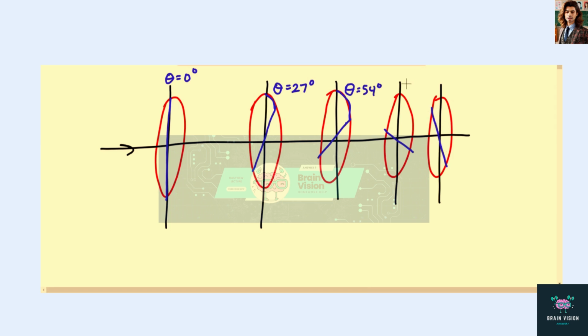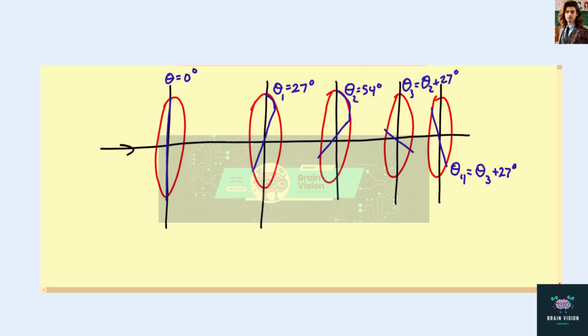Theta 3 is theta 2 plus 27 degrees, theta 4 is equal to theta 3 plus 27 degrees, and so on. As many analyzers as we want.